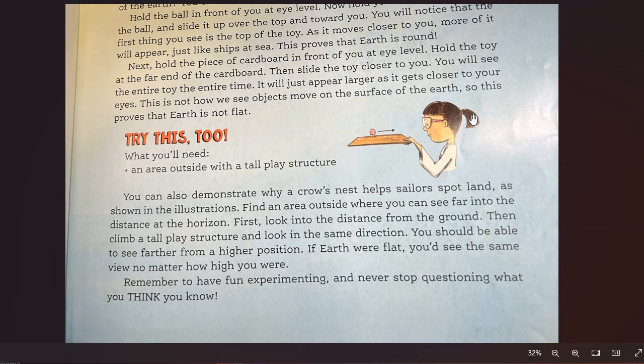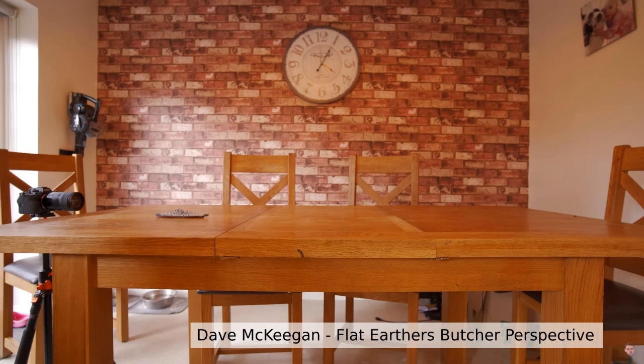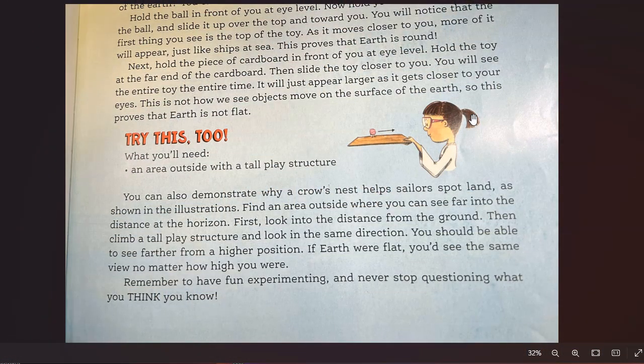But that's not going to happen on a tiny piece of cardboard, or as with Dave McKeegan's Flat Earthers Confused by a Table video, where Dave is using a massive camera and looking across a table. Absolutely preposterous. That could never be a decent demonstration. I know he's just playing along with some other people that have done similar stuff, but I just don't think it helps the discussion much either way.